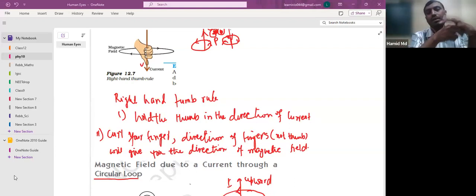Madiha, will you tell me what is Fleming's left-hand rule? Sir, I don't know. I just came. You were not in the class last time? No. Okay, you were on leave.